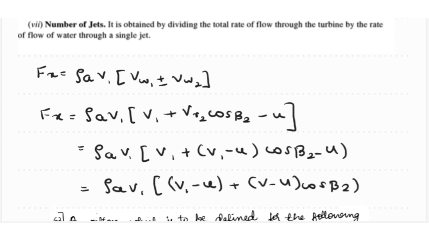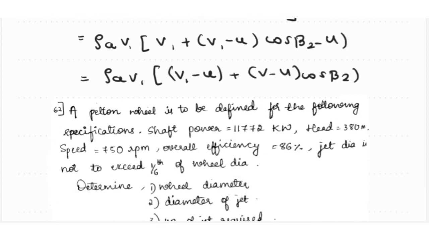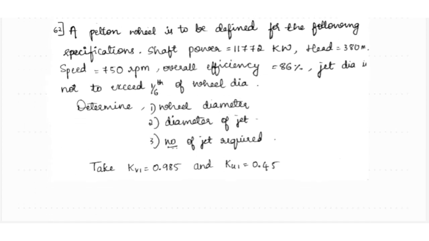So let us go through the next numerical. A Pelton wheel is to be designed for the following specification. Shaft power is given as 11772 kilowatt. Head is 380 meter. Speed 750 rpm. Overall efficiency is equal to 86%.